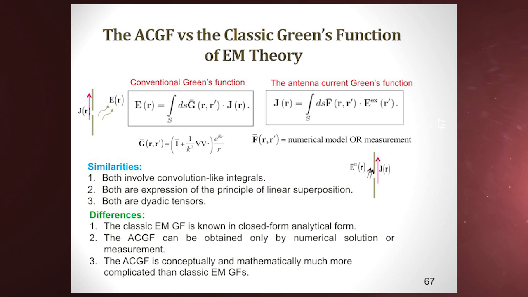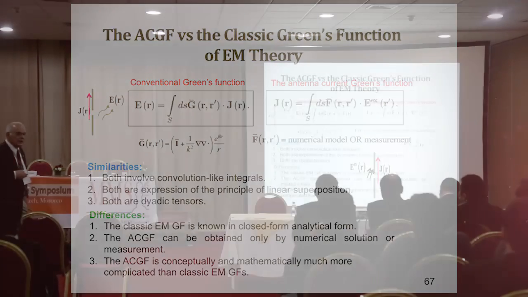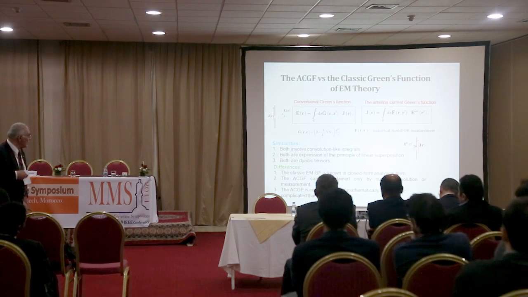The antenna current Green function is a bit different. You actually have the incident field on the antenna, a specified incident field, and that could be a near field, and this is where the near field concept comes in. And the response here, the current, is given by the antenna current Green function. The similarities: both involve a convolution integral, as you can see here. Both assume superposition.